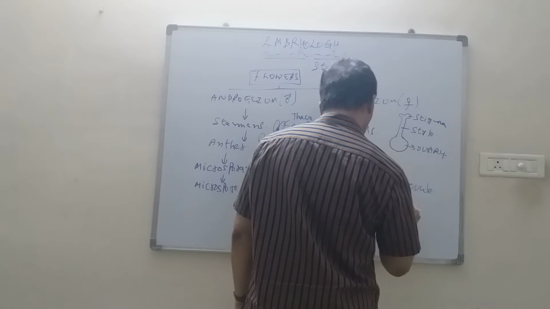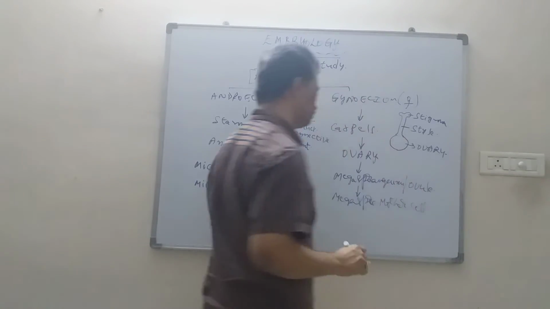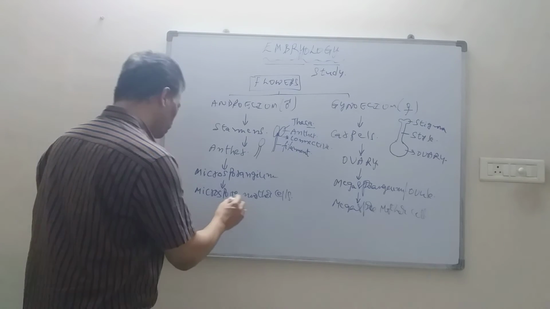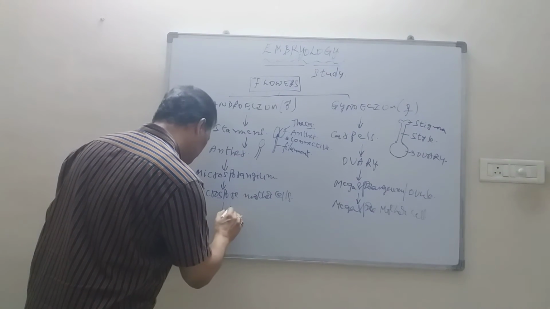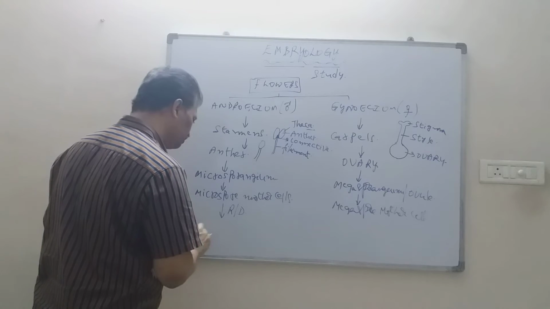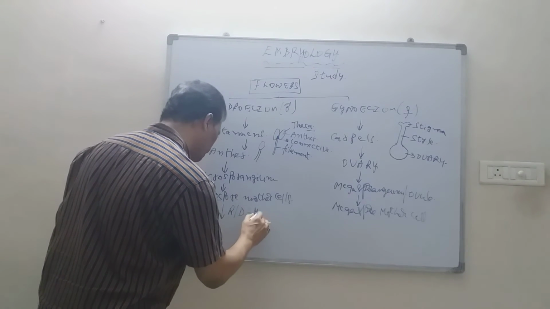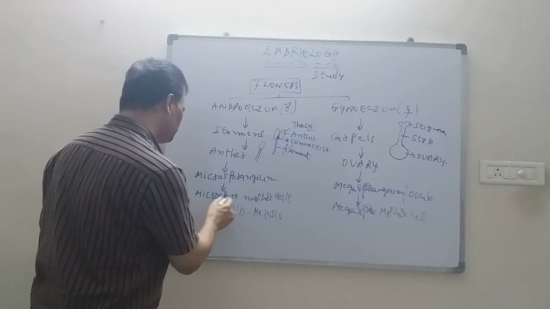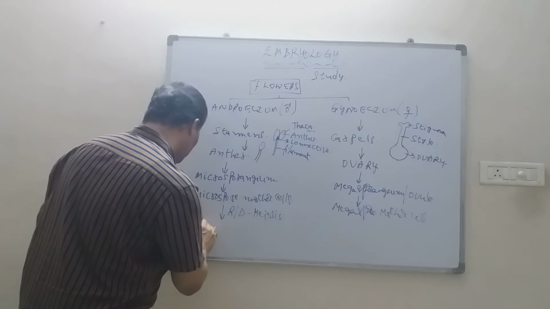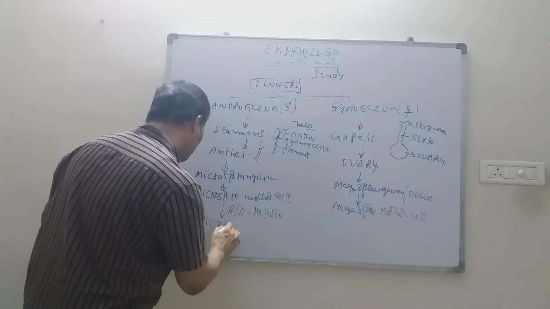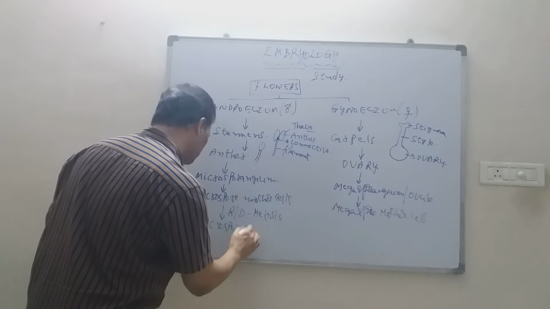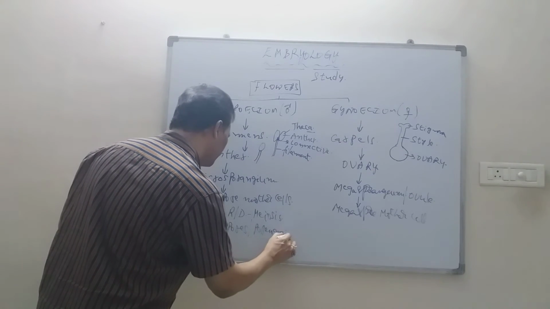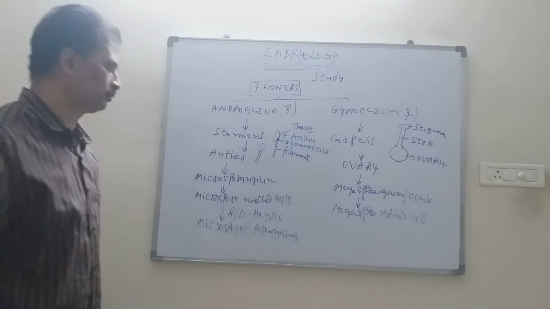The microspore mother cell undergoes a division called reduction division, otherwise called meiosis. Due to this reduction division, the microspore mother cells produce microspores. These microspores are also called pollen grains.